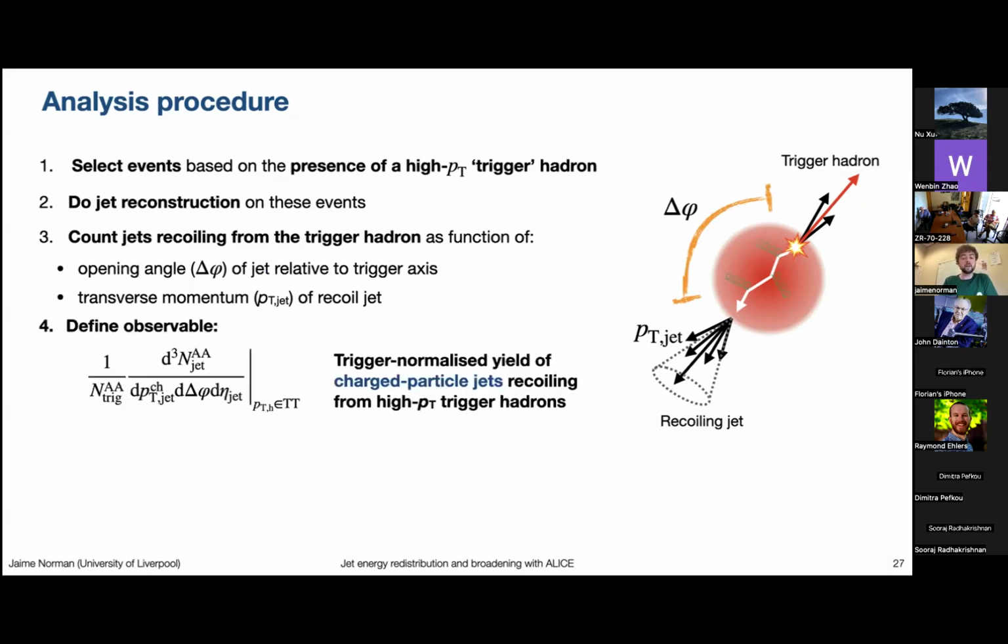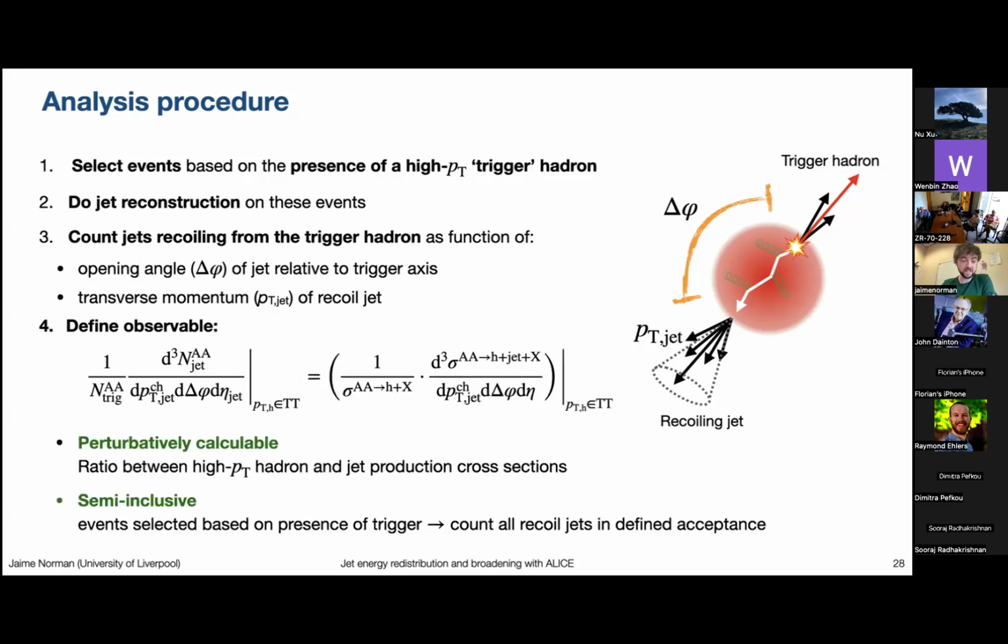Then we define this observable, the trigger normalized yield of charged particle jets recoiling from these high pT trigger hadrons. This observable is perturbatively calculable: it's the ratio between the high pT hadron and jet production cross sections.